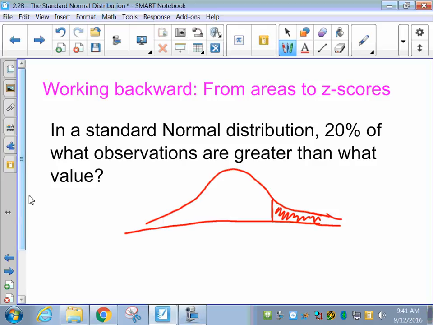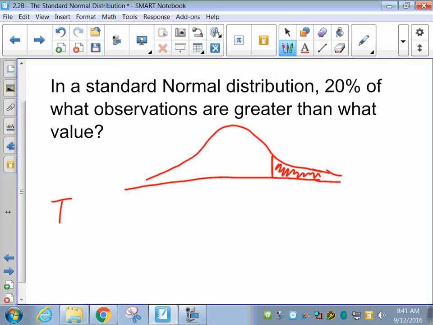So we got to go to our table, table A. And we want to find 0.2. We're looking for the z-score that's closest to 0.2. So again, they're giving you areas on that chart.